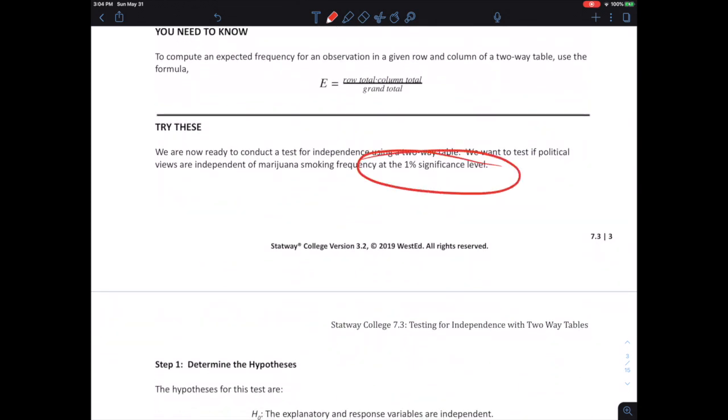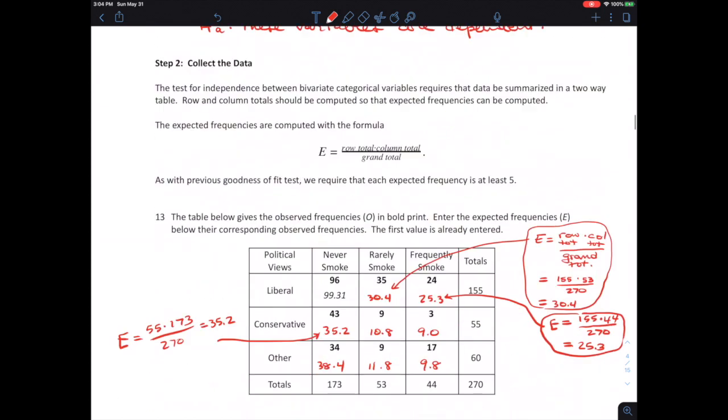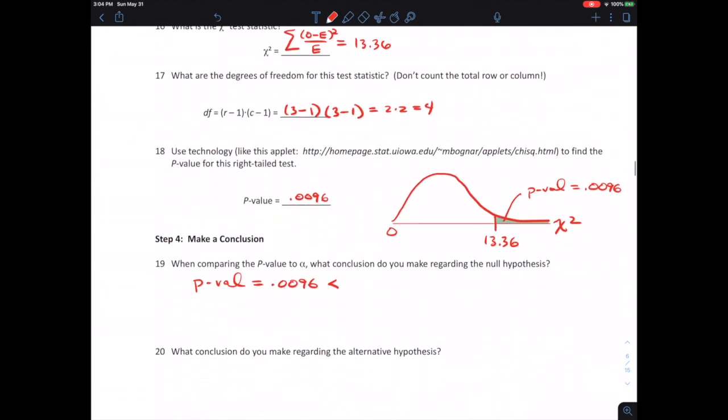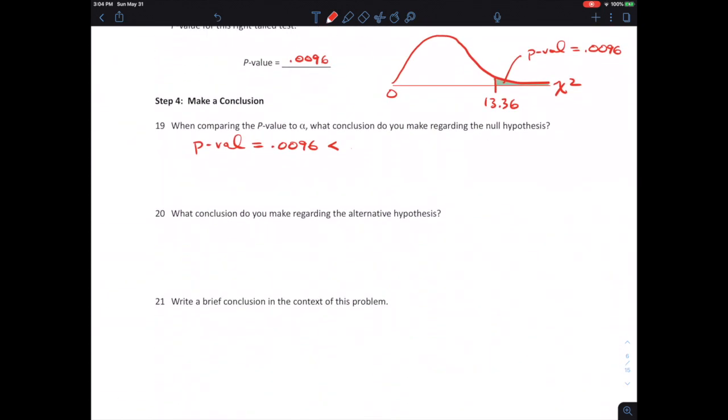Right here, 1% significance level is what they're asking for on page 3. So we'll say alpha is 0.01 as we wrap this up. So it's less than 0.01, which is alpha. Just look at the first 2 digits of your p-value when you compare it to the 2 digits of alpha. You're looking at 0.00, which is less than 0.01. Okay, even with the 0.0096 there, it's less than 0.01.